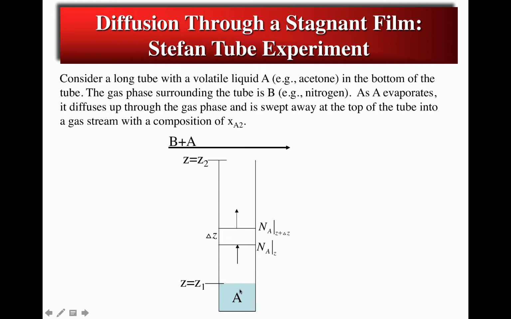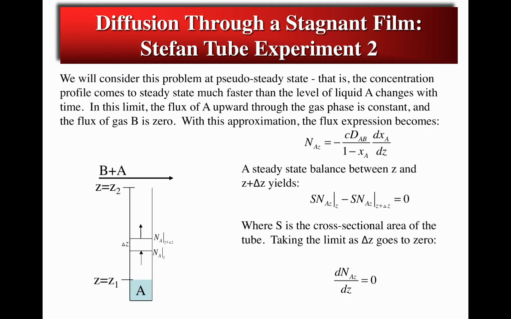And as A evaporates, the weight will go down, and you can use that rate of mass change to calculate diffusion coefficients. Alternatively, you can measure the height of the liquid in this device as a function of time, and as that decreases, you can use that information to calculate diffusion coefficients. Okay, let's see how we go about this.